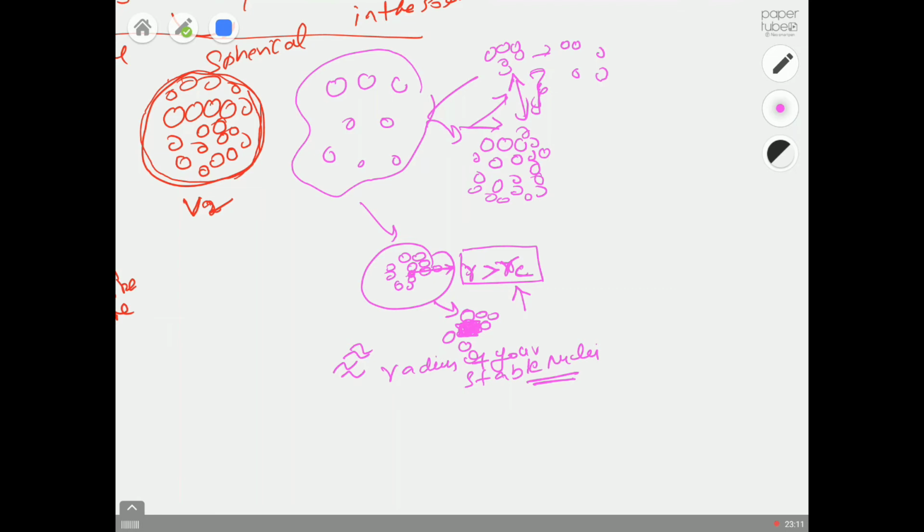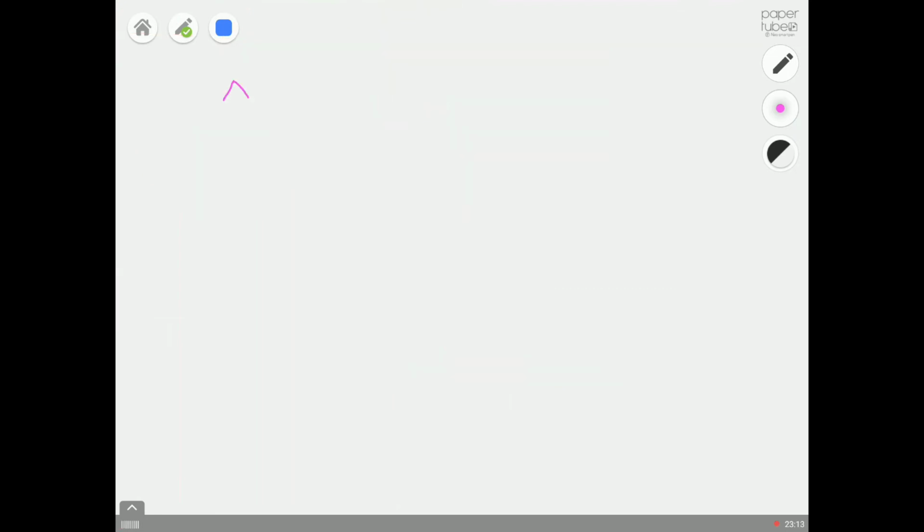So this is what he calculated, this delta GS. This is nothing but the surface area of the sphere multiplied by surface energy.